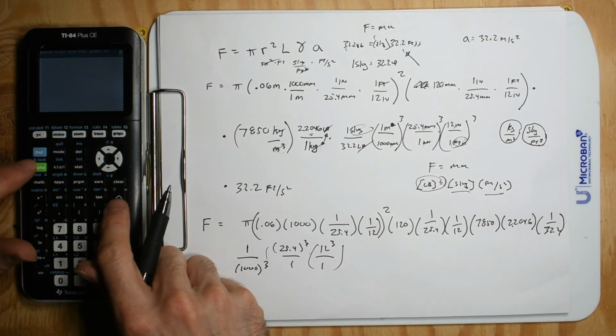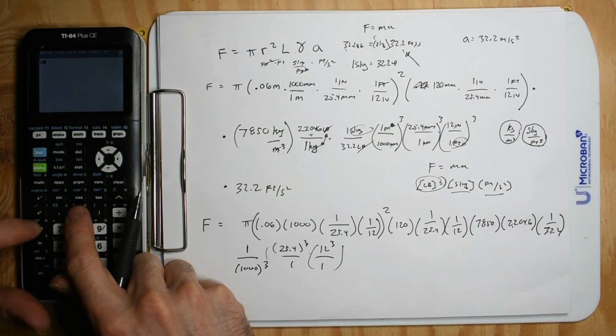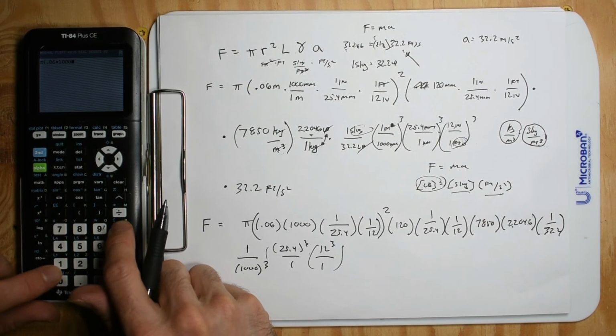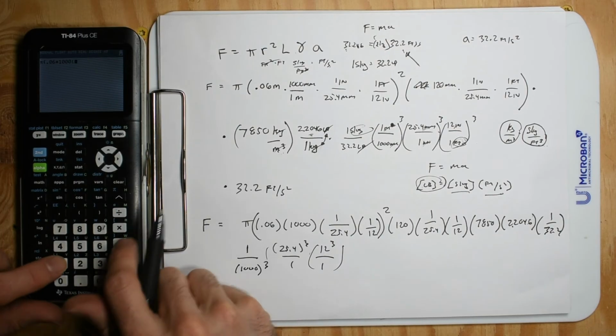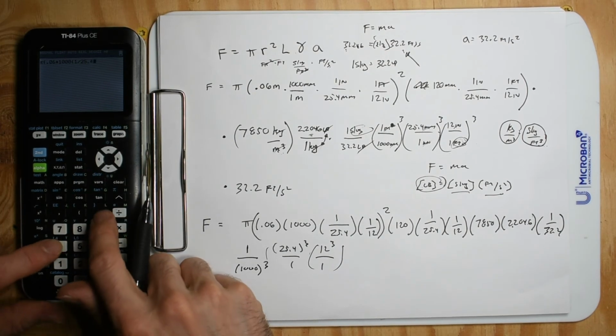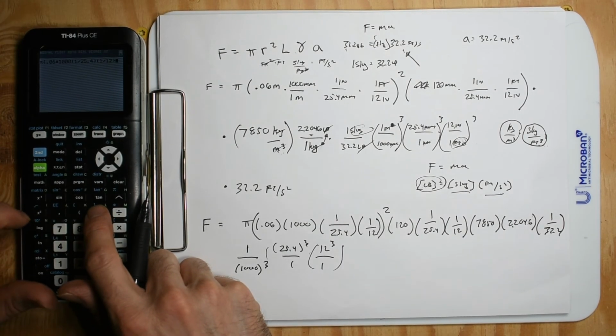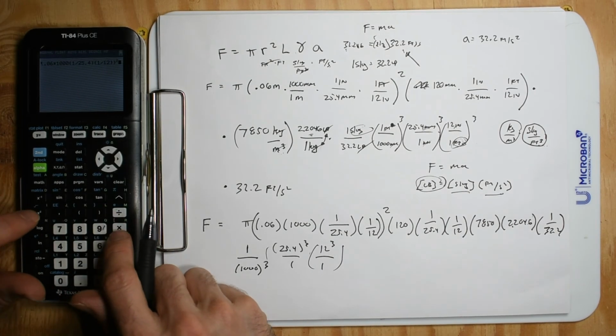So we got pi, 0.06 times 1,000, 1 divided by 25.4, 1 divided by 12. Oh, it's getting brutal.